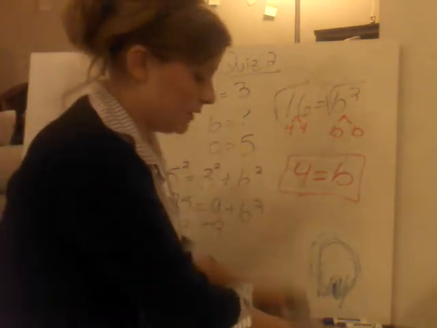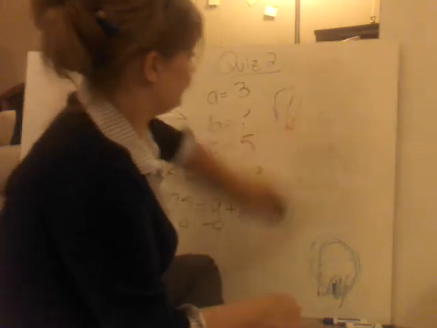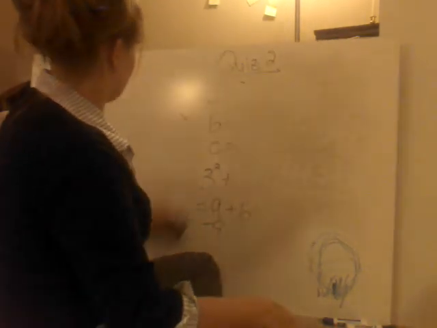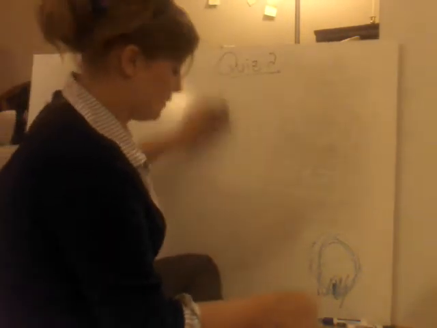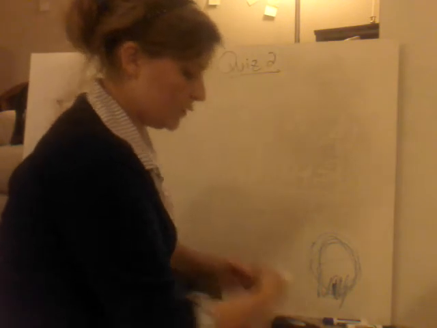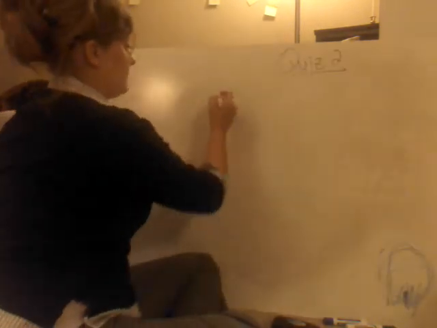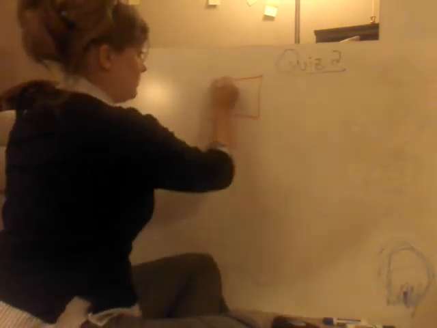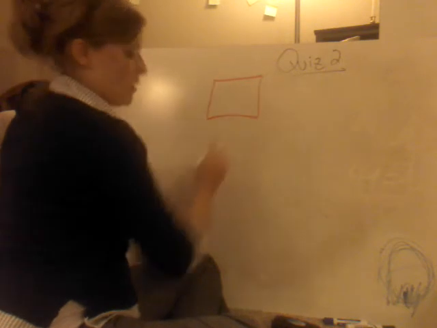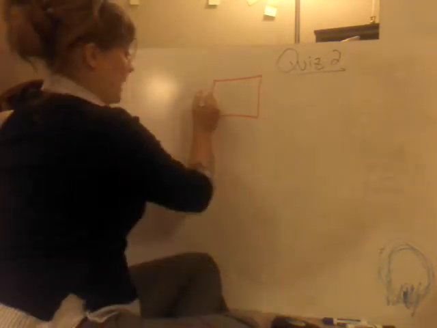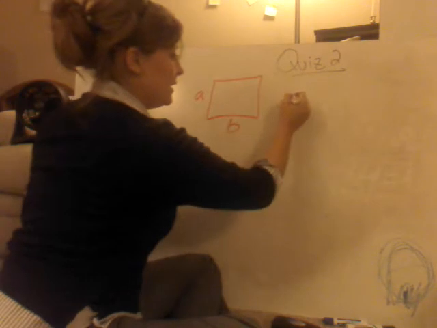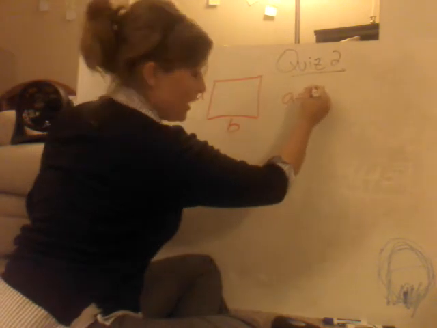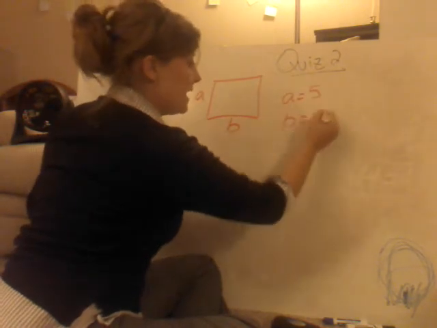Alright, on to 17. I gave you a square. It's a square, I promise. And I told you that this is A and this is B. I tell you that A is equal to 5, B is equal to 10.